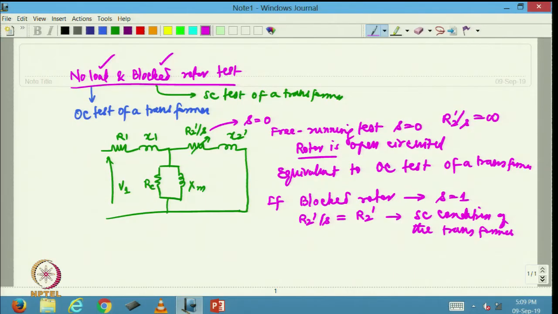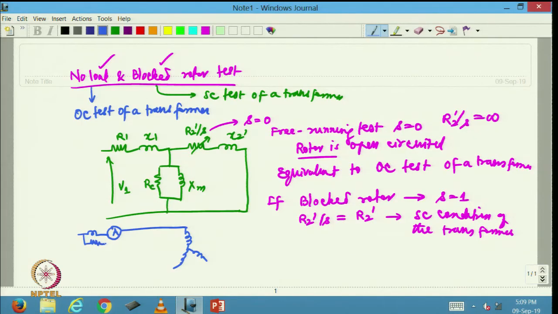Now, let us look at the connection that is made under the open circuit condition. I am going to have one of the wattmeters going to one of the phases of the induction motor. Let us say this is the induction motor stator. This is coming through the wattmeter W1.